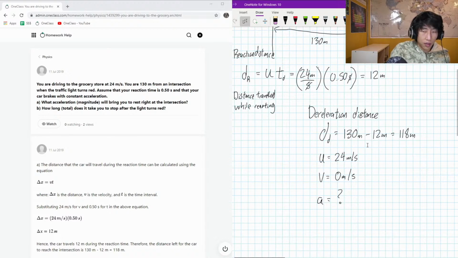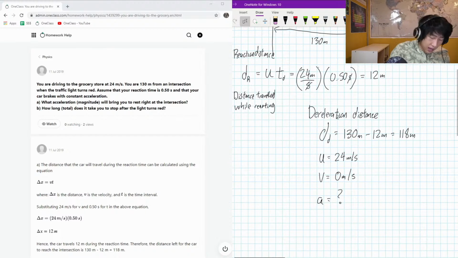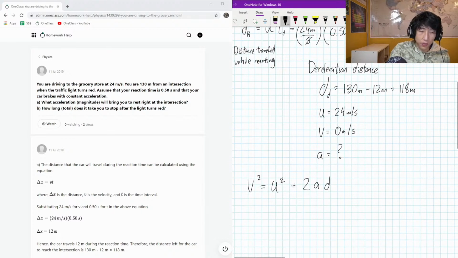Okay, so thinking back to our kinematics equations, we need a kinematic equation that relates the initial and final velocities, the acceleration and distance, and the one that I'm thinking of is that our final velocity squared, v squared, is equal to u squared plus 2 times acceleration times distance. Okay, this is the kinematics equation that we want to use, and to make this useful, we need to isolate a.